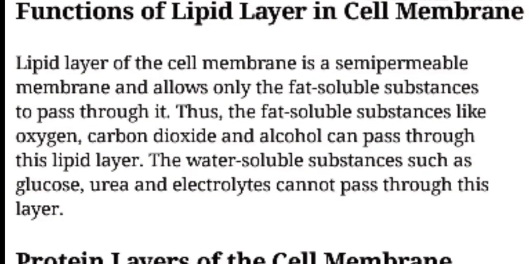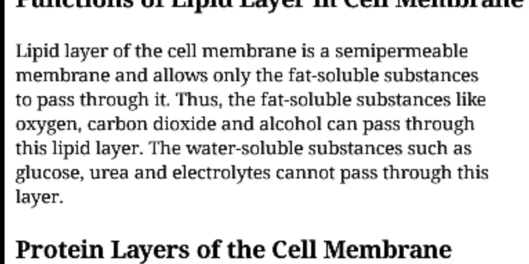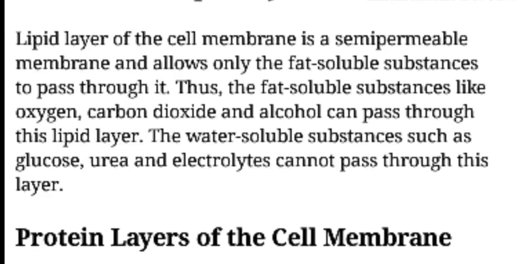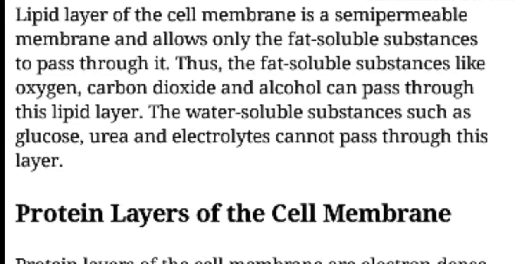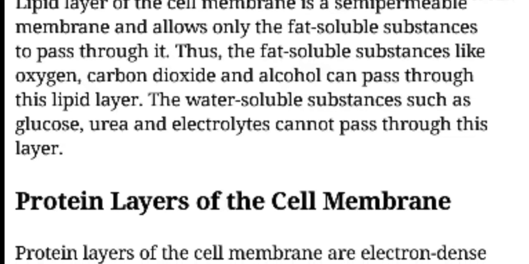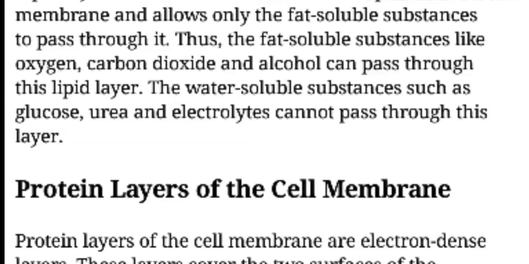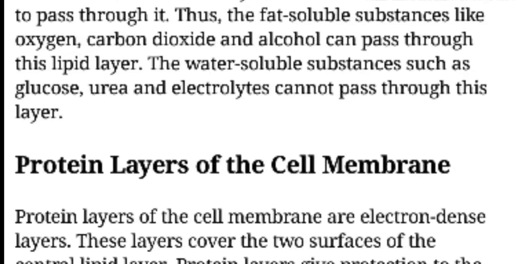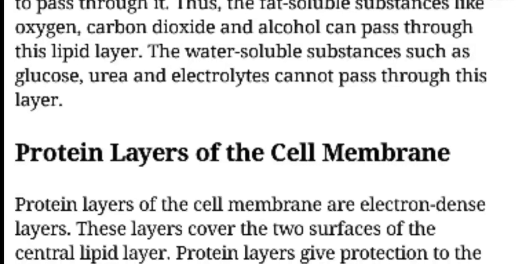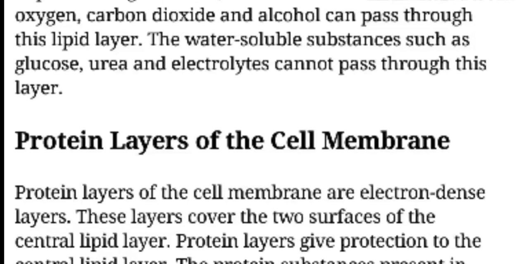Lipid layer of the cell membrane is a semi-permeable membrane and allows only the fat-soluble substances to pass through it. Thus, the fat-soluble substances like oxygen, carbon dioxide and alcohol can pass through this lipid layer. The water-soluble substances such as glucose, urea and electrolytes cannot pass through this layer.